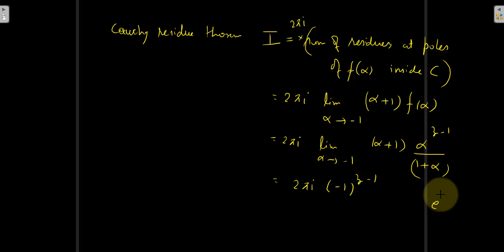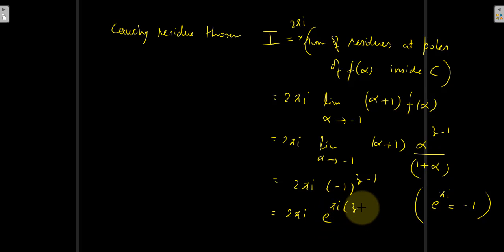We know that e to the power pi i is minus 1, a very famous result based on Euler's theorem. So we can replace minus 1 with e to the pi i, and write it as 2 pi i e to the pi i (z minus 1). So this is the value of this integral I.